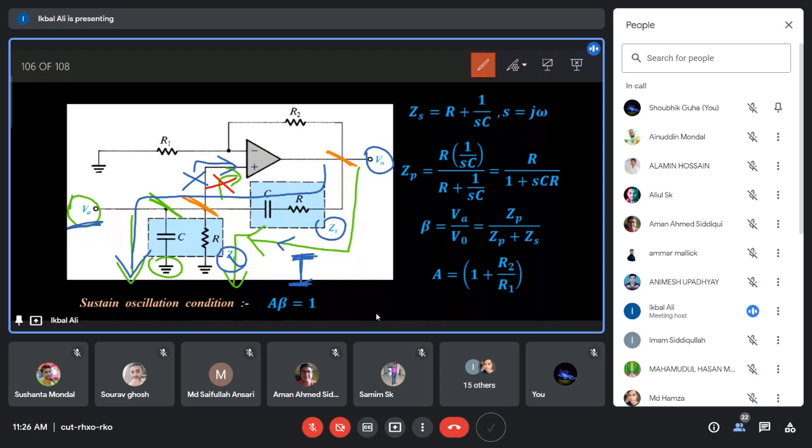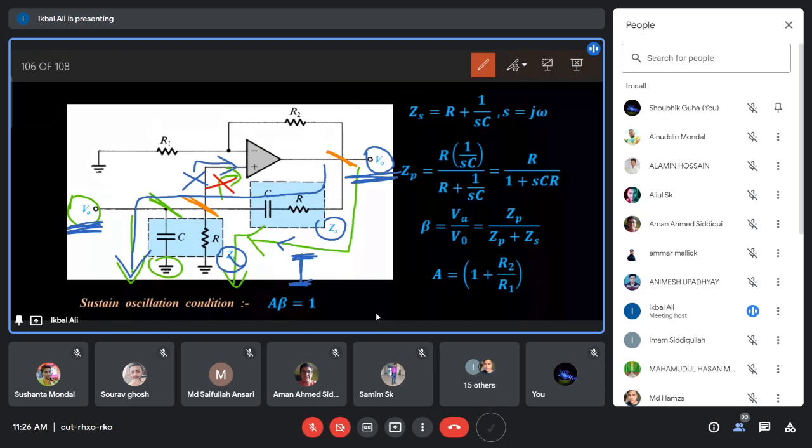So VA should be current I multiplied by ZP. And current is V0 by ZS plus ZP. So what is the ratio of VA, the feedback voltage, to the output voltage? It should be ZP by ZS plus ZP.